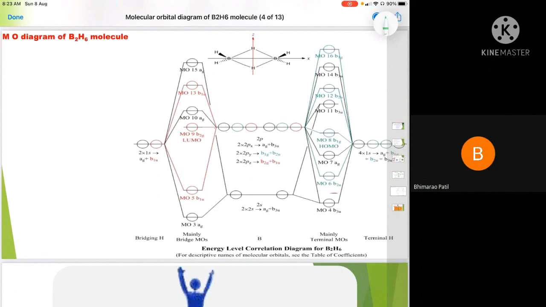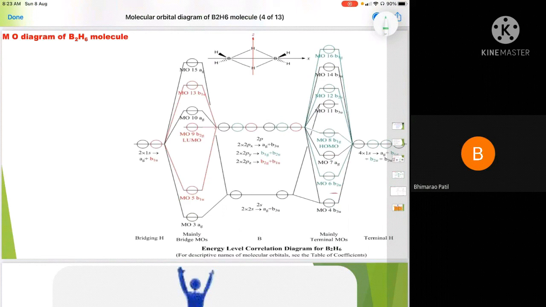Maybe it is symmetrical or unsymmetrical. Then here two types of hydrogen atoms are present in diborane, the terminal hydrogen atoms and the bridging hydrogen atoms. Then, for the terminal hydrogen atoms, how many are present? 4.